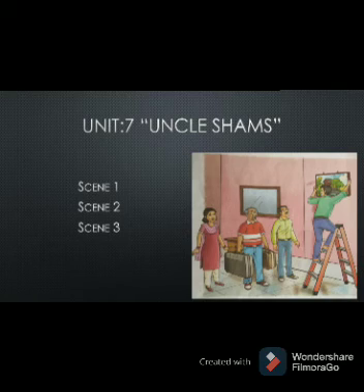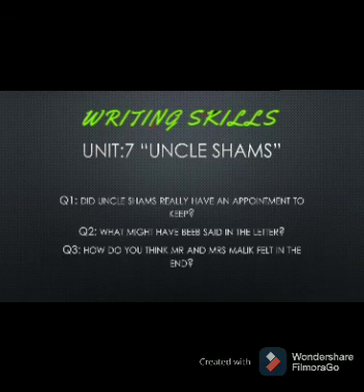I hope every scene is clear to you and you all understand the whole story. Now I am sharing 3 questions with you which you have to answer after listening to the summary. The first question is, did Uncle Shams really have an appointment to keep?